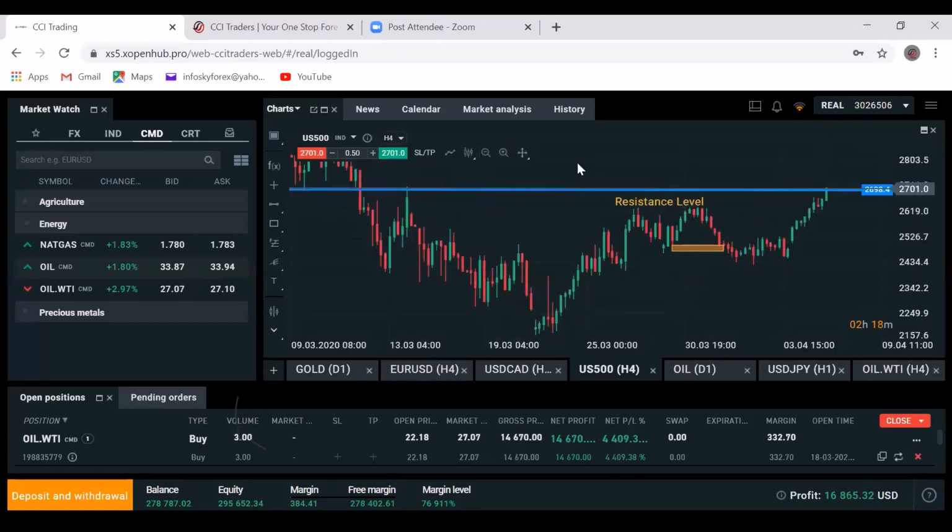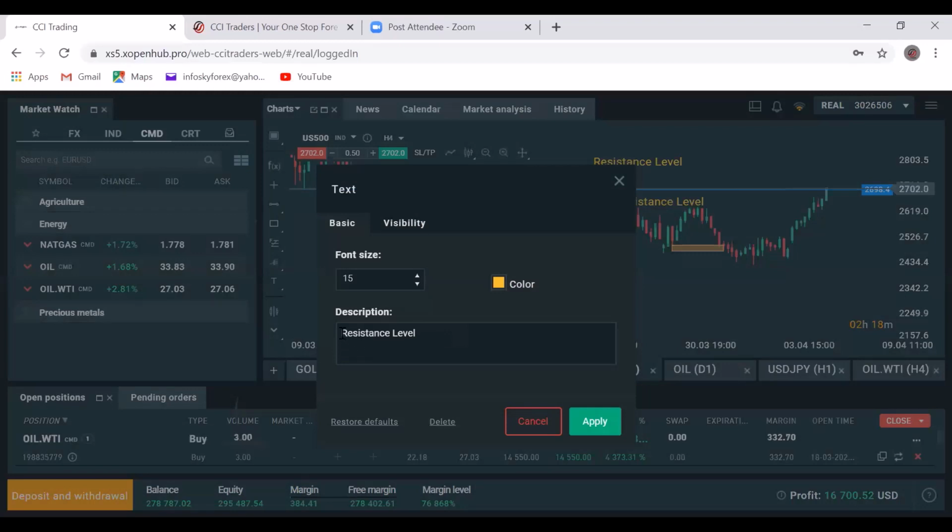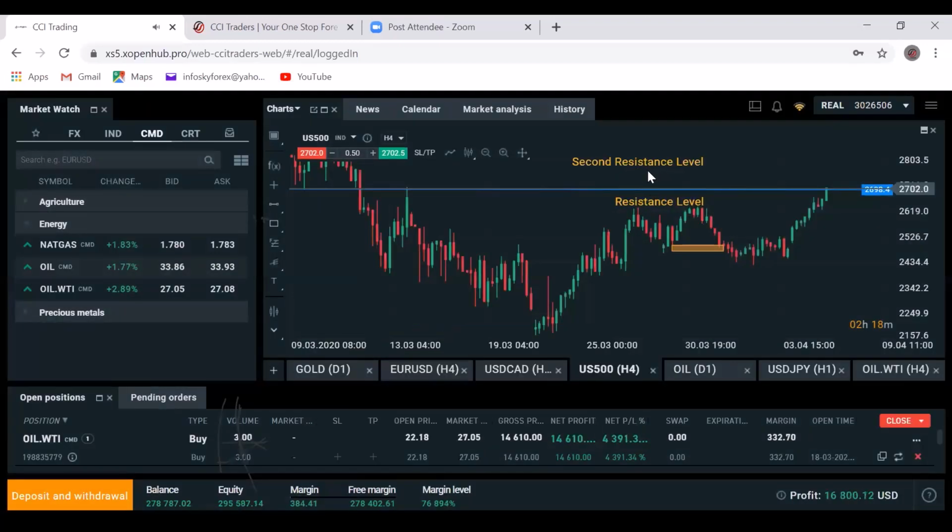So here is a resistance level. I suggest here to be the second resistance level. So it's good to sell US 500 at this point.